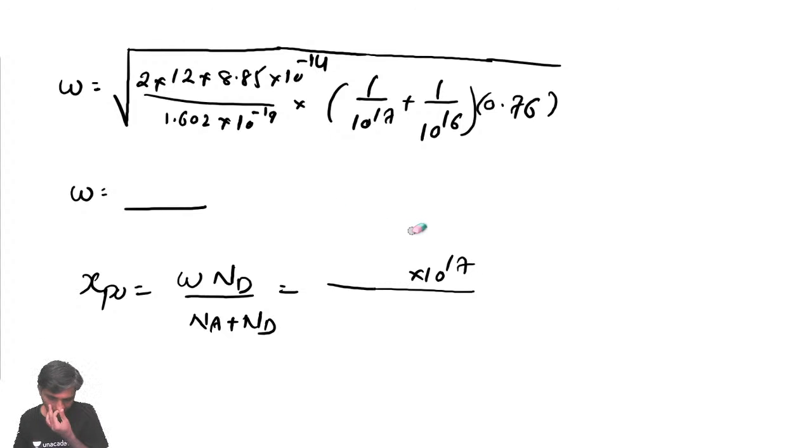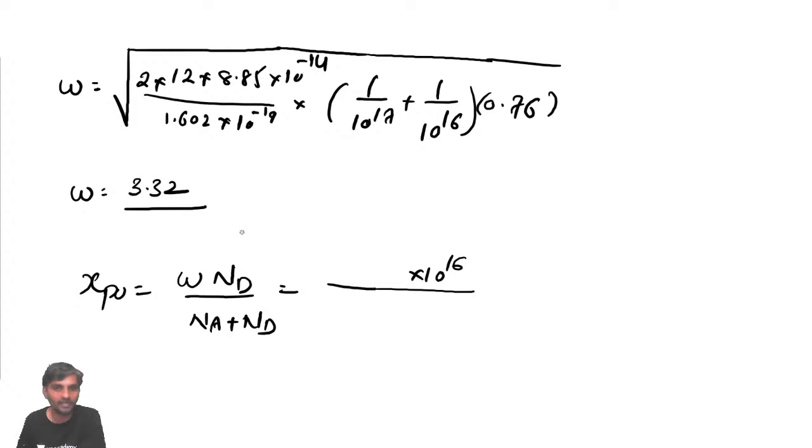3.32. Okay. 3.32 what? 3.32 millivolts, microvolts? What did you get? Micrometer? 3.32 centimeters? Please cross check.